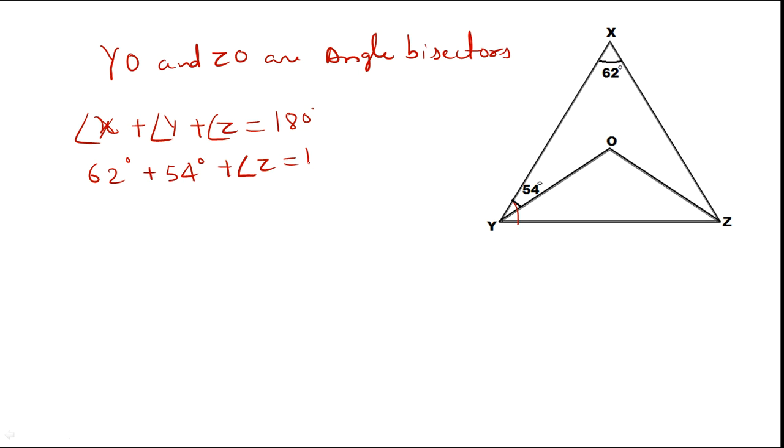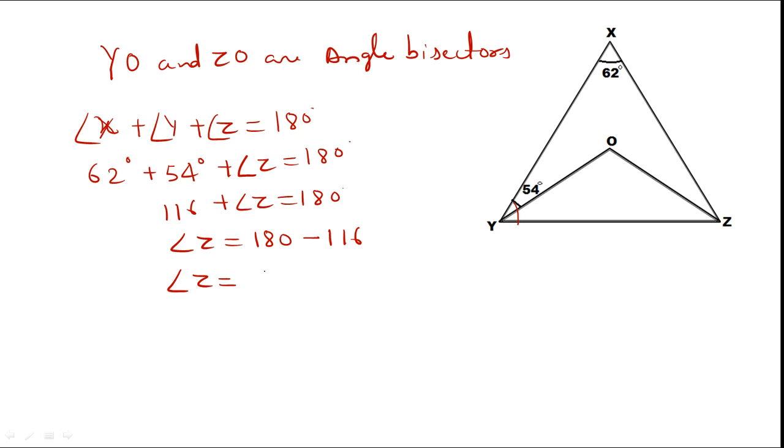If we add, this is 116, and angle Z plus 116 is equal to 180 degrees. So angle Z is the difference of 180 and 116, so angle Z will be 64 degrees. We have calculated 64 degrees. 62 plus 54, if we add it, will be 116, right.